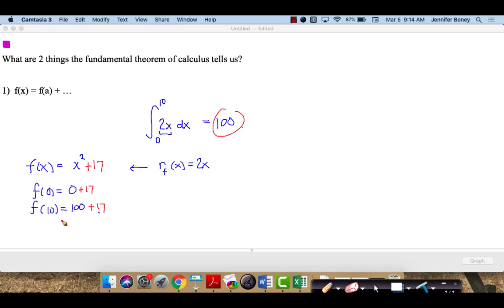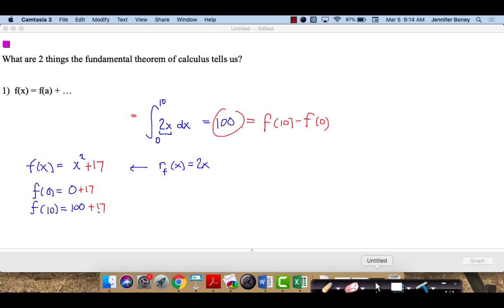So it doesn't actually matter. If I want to know net change, I don't care about the y values individually. I just care about how different they are from one another, y final and y initial. Notice that in terms of the expressions we had before, this is f of 10 minus f of 0, y final minus y initial. This is part 2, the more numerical aspect of this.